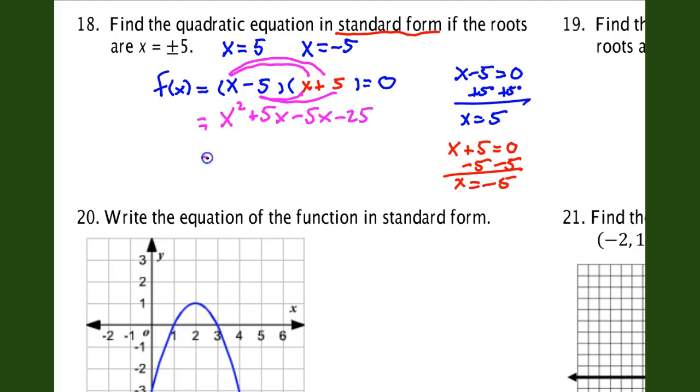Simplify this a little bit. You can see that we have a plus 5x and a minus 5x, so those cancel, and we're left with x squared minus 25. And there you go. There is our function that has 5 and -5 as the roots.